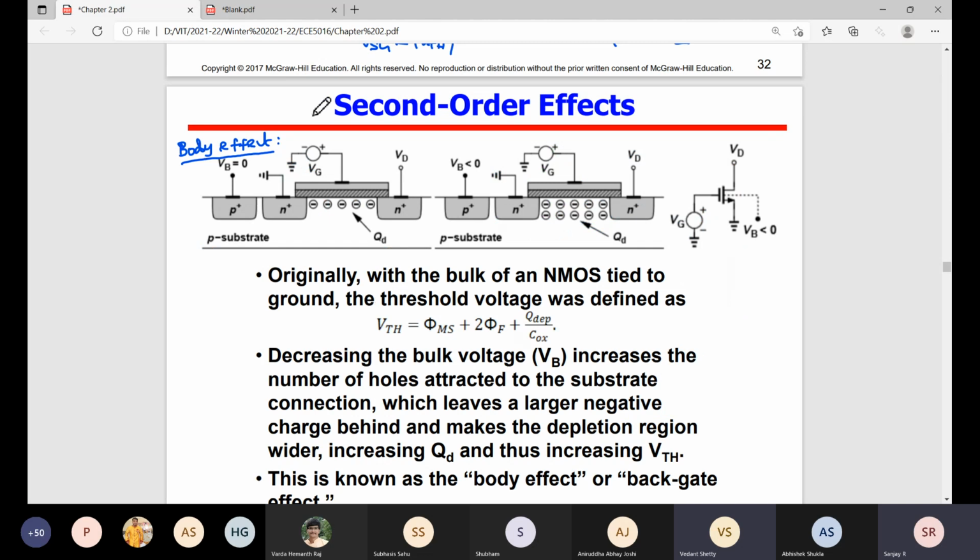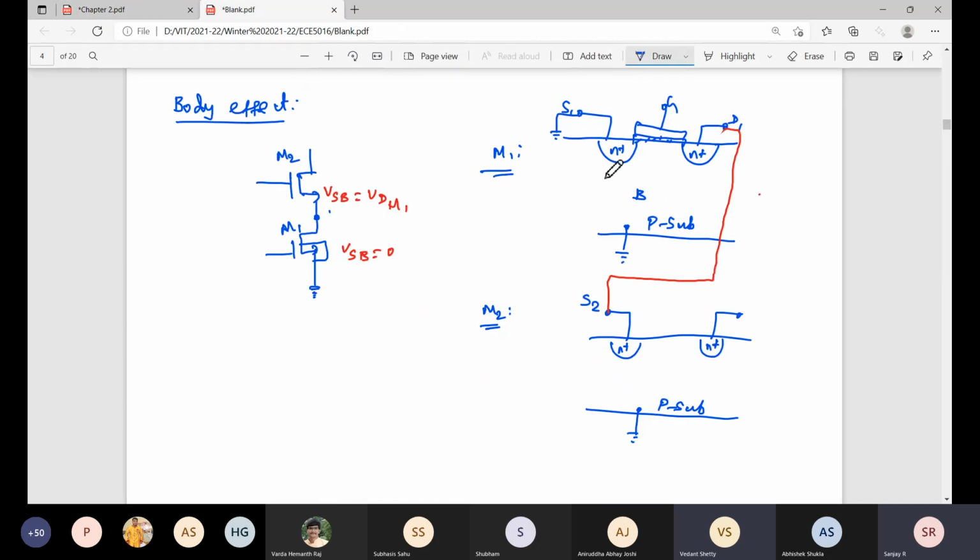So you can see if you are increasing the body voltage, the source to bulk voltage. Now you can see the source is N plus here. So let's take VSB: is it greater than 0 or less than 0? You can see here P is ground, the source is a positive voltage.